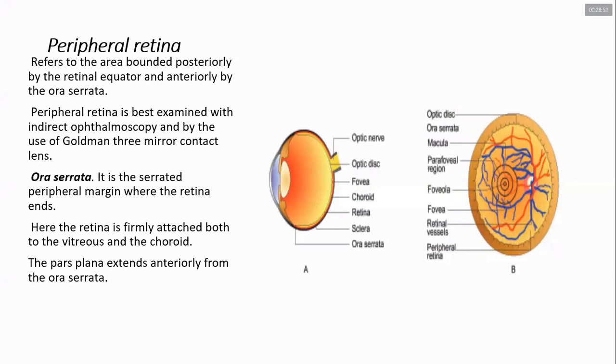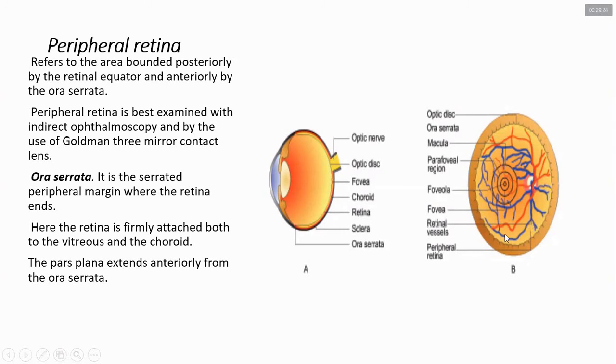So what is the ora serrata? When you see from posteriorly to anteriorly, the posterior part of the retina is smooth, but the anterior part has projections, a serrated peripheral margin where the retina ends. Here the retina is firmly attached both to the vitreous and the choroid.